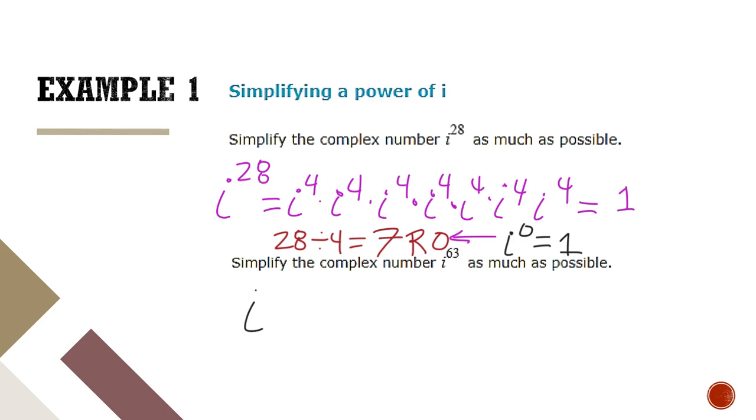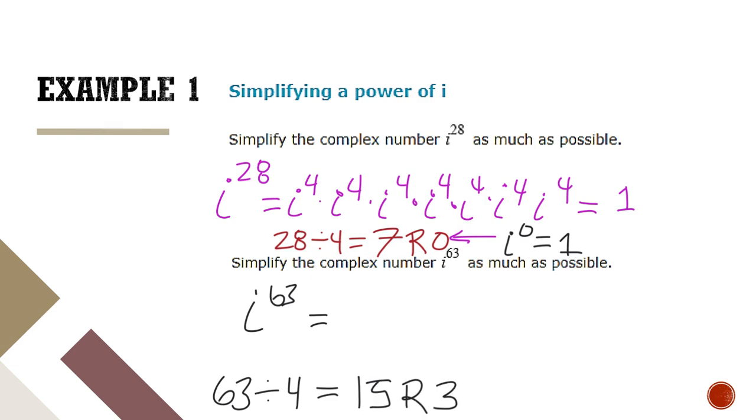So if it's i to the 63rd, I could write it out as i to the 4th all the way down, and then you have i to something left over. But the idea is just taking 63 divided by 4 and figuring what that is. Well, that is 15 with a remainder of 3.